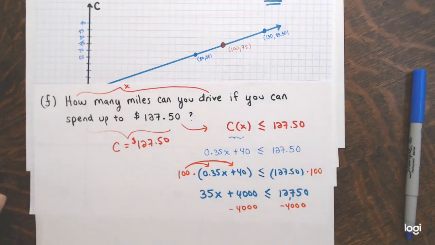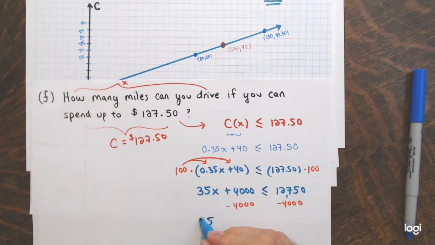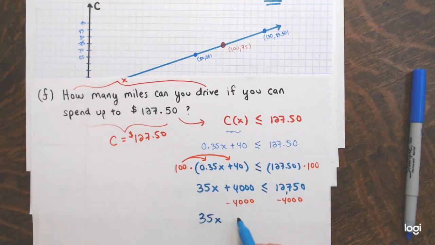Now, another thing about inequalities, again, if you want to look up other videos on solving inequalities, there's some properties you'll come across where, when you add or subtract the same thing to both sides of an inequality, the direction of the inequality still doesn't change. So we still have 35x on the left, and then that still is less than or equal to, same direction the whole way through so far. And then 12,750 minus 4,000 would be 8,750.